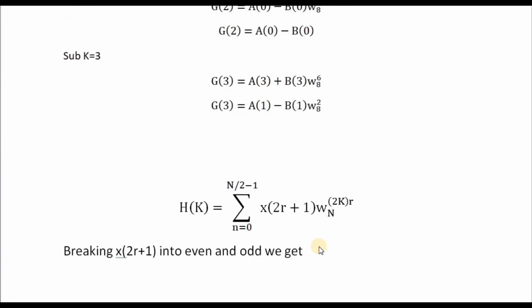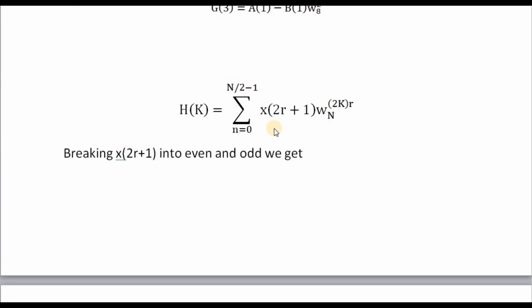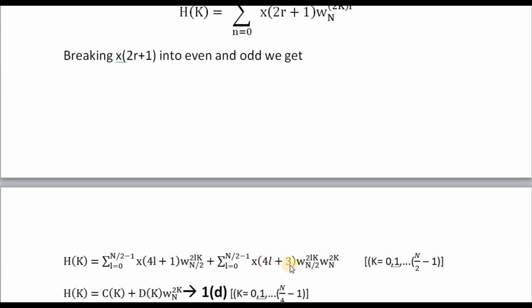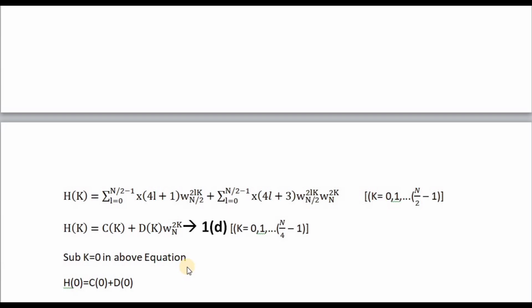So similarly, H of K is equal to summation n is equal to 0 to N by 2 minus 1, x of 2r plus 1, Wn of 2r, 2k of r. Okay, so this has to be divided into even and odd part. So instead of r, you have to substitute 2L, and instead of r, you have to substitute 2L plus 1. So it becomes 4L plus 3, and this becomes 4L plus 1. Okay, so I can write this one as C of K and this one as D of K.